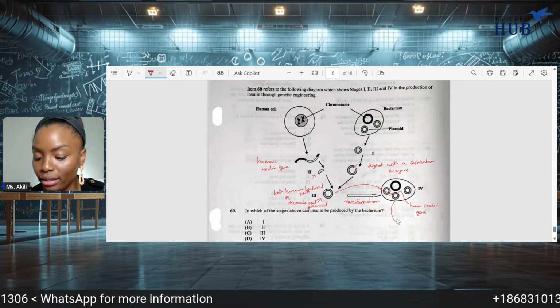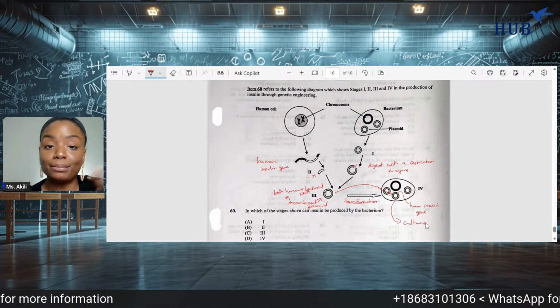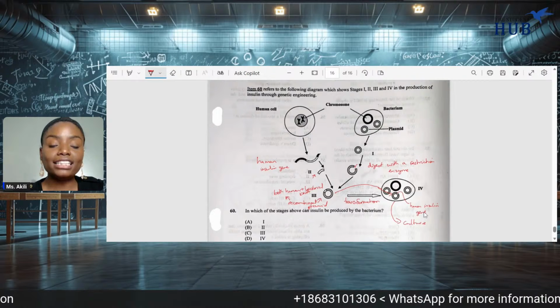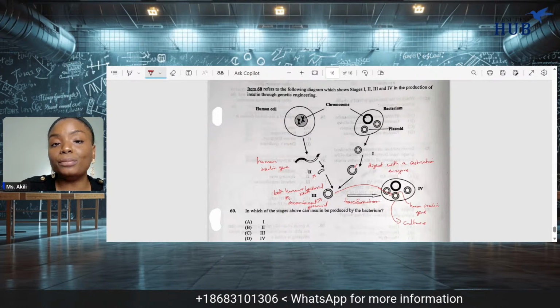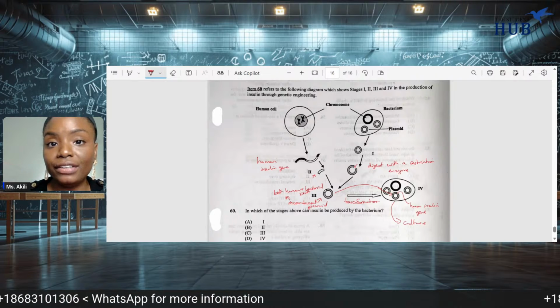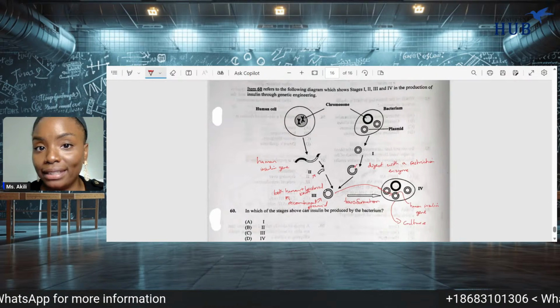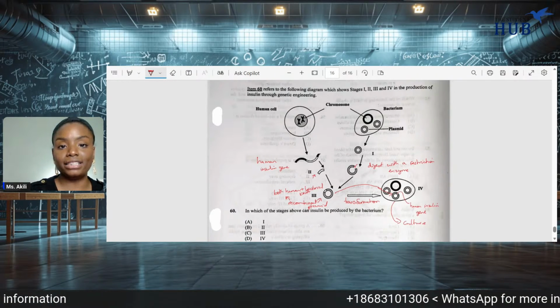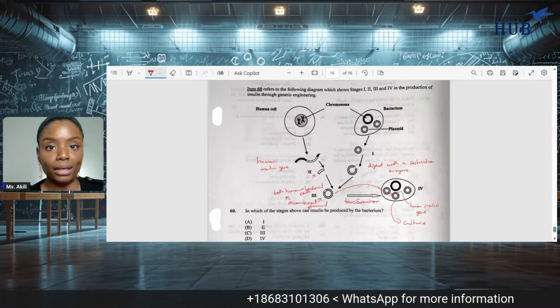Now, in stage 4, where the recombinant plasmid with the human insulin gene is inside the bacterium, we can culture the bacterium, because bacteria reproduce really quickly. As bacteria reproduce, they also reproduce the recombinant plasmid inside them. So we get more bacterial cells with more copies of the human insulin gene, and all of these cells will be able to produce human insulin.